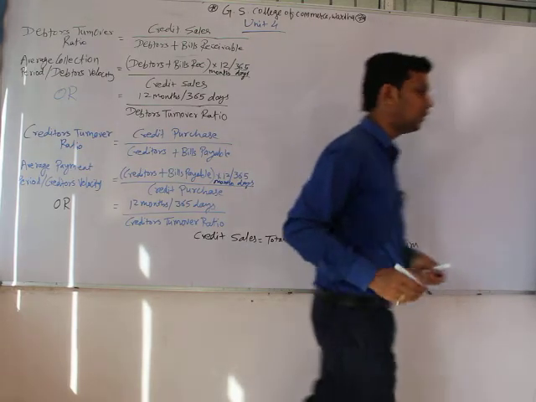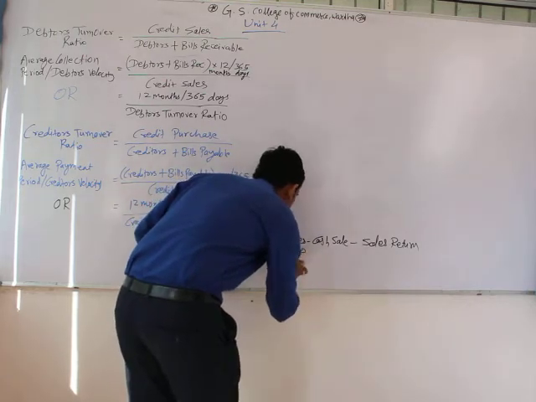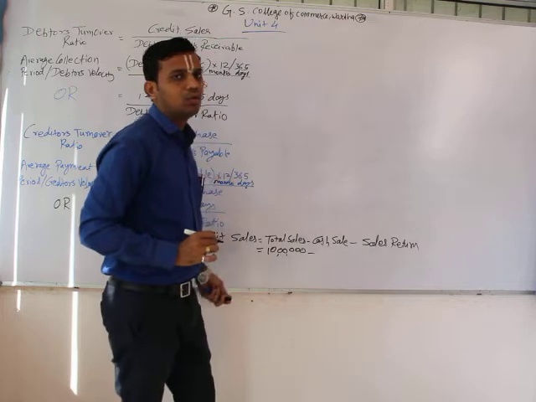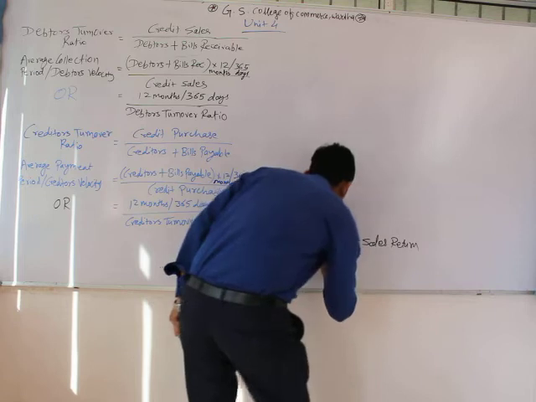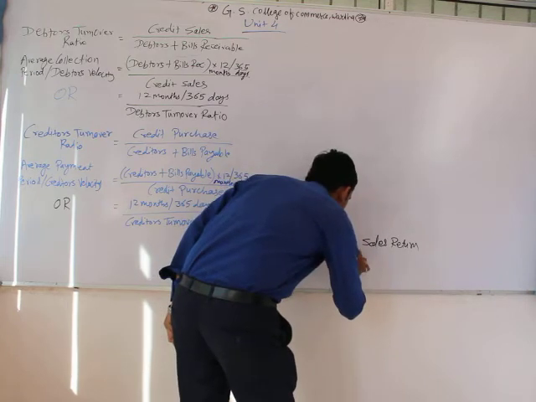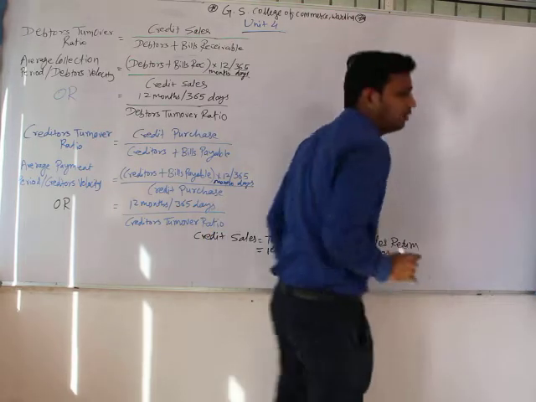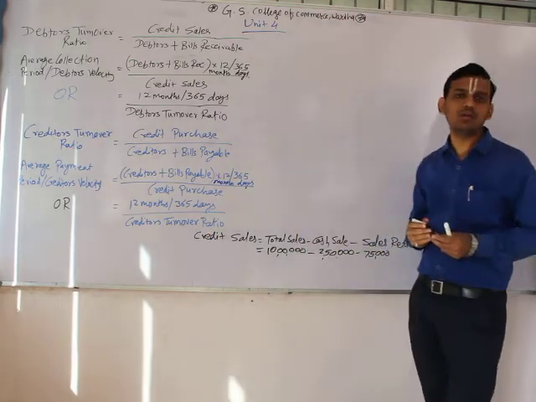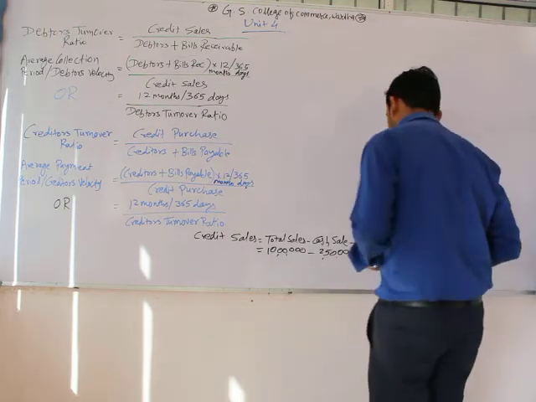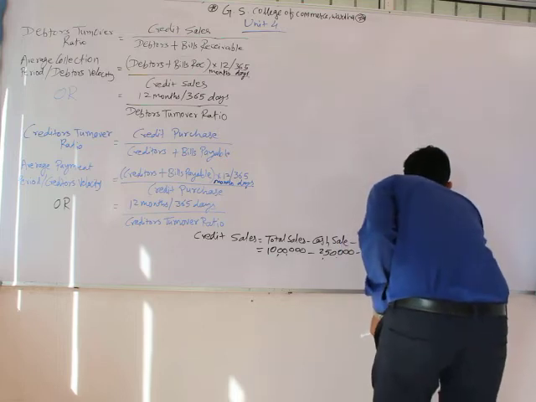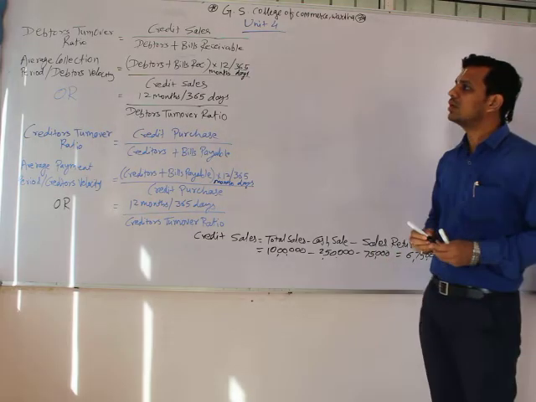Our total sale amounted to rupees 10 lakh, so we would write 10 lakh minus cash sale of rupees 2,50,000, minus sales return of rupees 75,000. Hence 10 lakh minus 2,50,000 minus 75,000 is equal to 6,75,000. This is our credit sales.